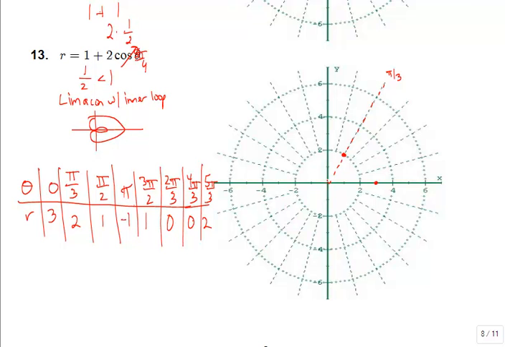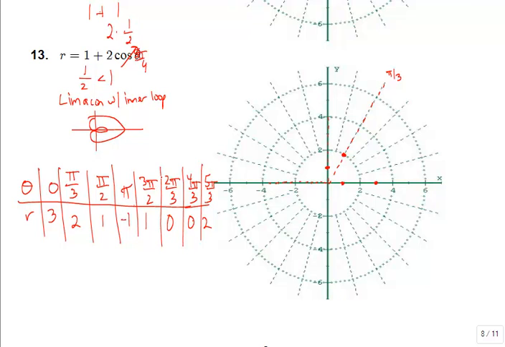At pi over 2, we want to go out a distance of 1. At pi, we want to go out a distance of negative 1. So be careful here. Pi would tend to make us go this way if the r was positive. But if the r is negative, like this one is, then we flip over and we go in this direction 1. So that's actually going to be right here.